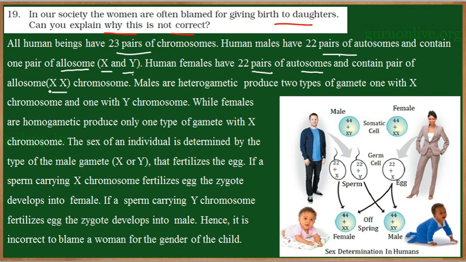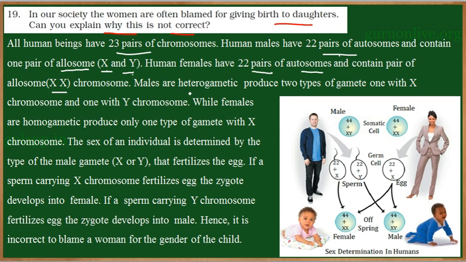So the allosomes here are of the same type, X and X. But in case of male, there is one X and one Y chromosome. The presence of this Y chromosome indicates the embryo will develop into a male, and presence of 2 X chromosomes indicates the embryo will develop into a female.